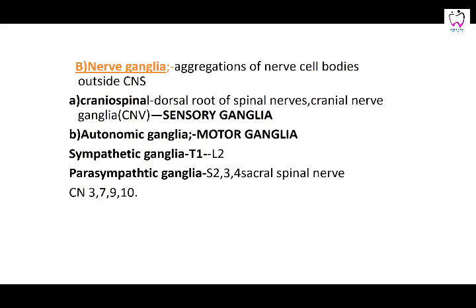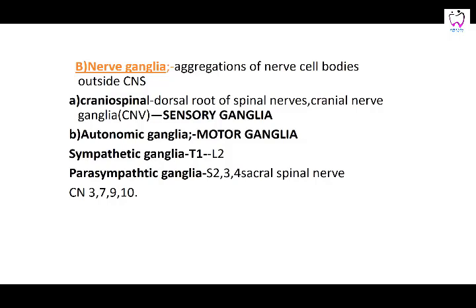Then you have another type of ganglia which is concerned with the autonomic nervous system. These are the motor ganglia, and they are basically concerned with the fibers of the autonomic nervous system and their connection with the different ganglia, which control the autonomic muscles, that is, your parasympathetic and sympathetic nervous system. Sympathetic ganglia lie at T1 to L2.